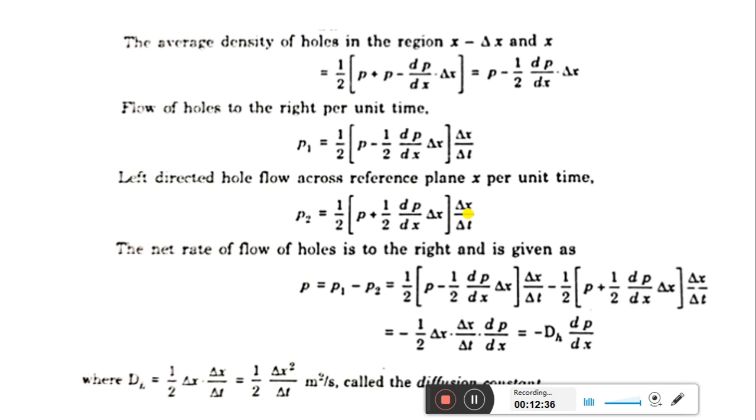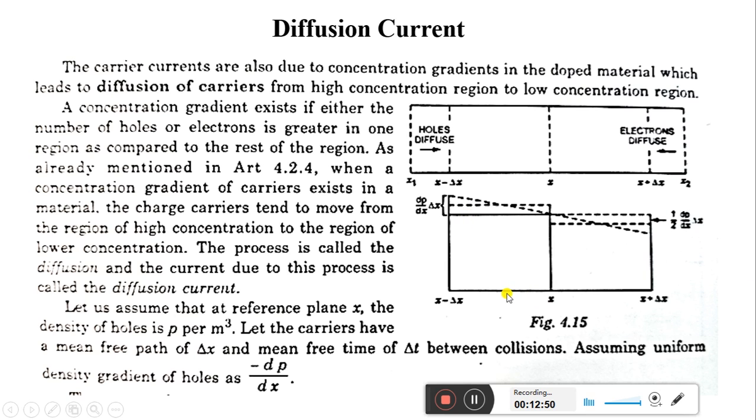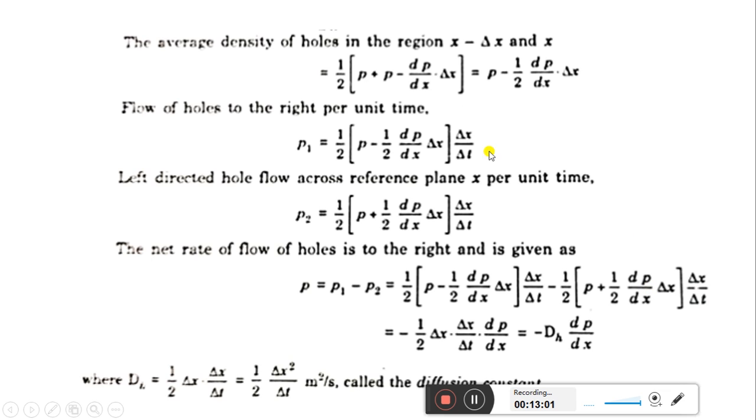Now we have to find out the net rate of flow of holes to the right. We know that in the reference plane x, the holes are moving from left to right. Why? Just see in the diagram, holes are moving from this side to this side, because this side has a higher density and this side has a lower density. So net flow P will be equal to P1 minus P2.